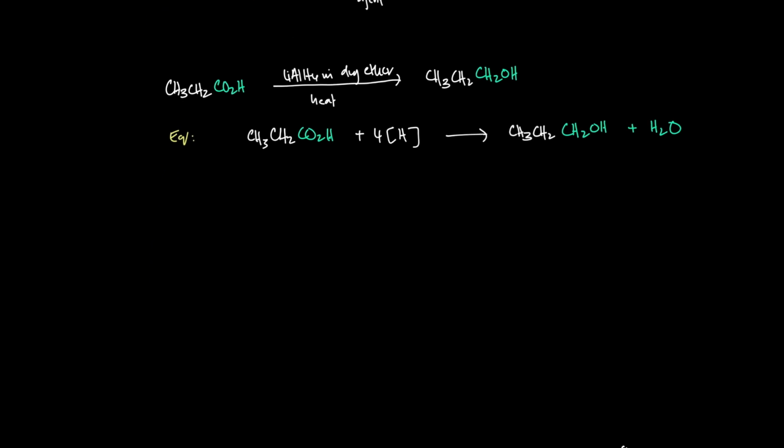All right. So now we've seen oxidation of primary alcohols to produce aldehydes and acids, and we've seen the reduction of acids and aldehydes to give you primary alcohols, okay. Now let's look at oxidation of secondary alcohols. Okay. When we look at oxidation of secondary alcohols, right, let's take an example.